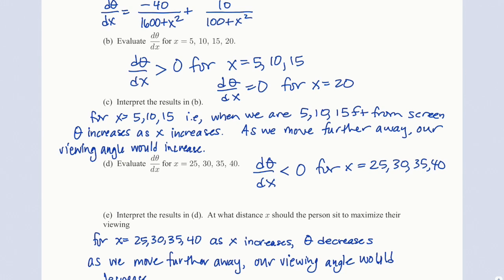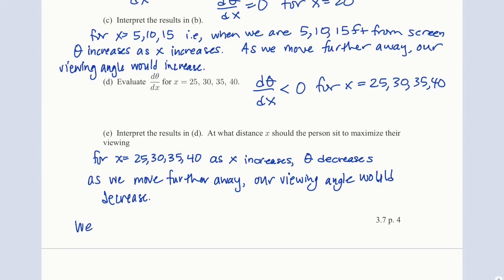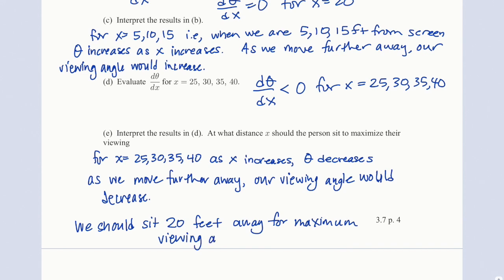Once we pass 20, if we increase x a little bit, our angle is shrinking. So it appears we would want to sit 20 feet away for the maximum viewing angle. So we're looking for that spot where d theta dx changes from positive to negative. And we want to sit in that spot.